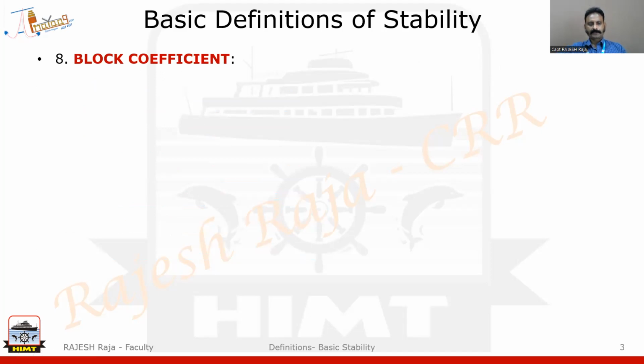Now, if you want to compare what we did in water plane coefficient, the word coefficient, we have realized that it is a kind of multiplication factor. Whenever I use the word coefficient, I'm trying to give you a small multiplication factor that is going to help me find something else which is not very easily calculable.